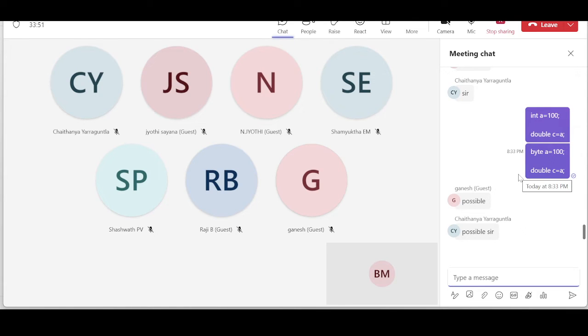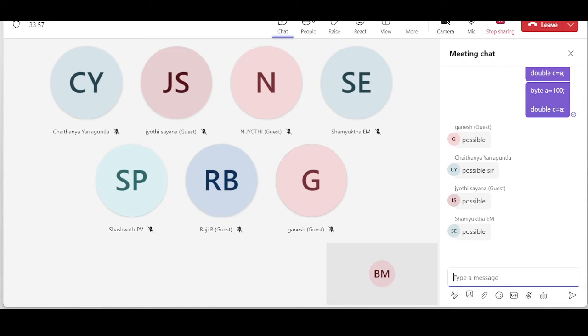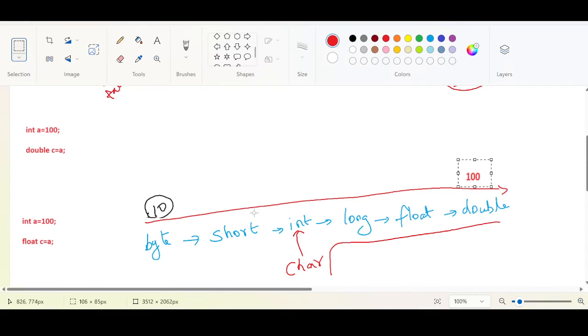I want answers from everyone. Possible. Yes, possible. Very straightforward. There is nothing to be here. So the byte data type is assigned with the value and read, right? So this is the direction. Possible. Yes.